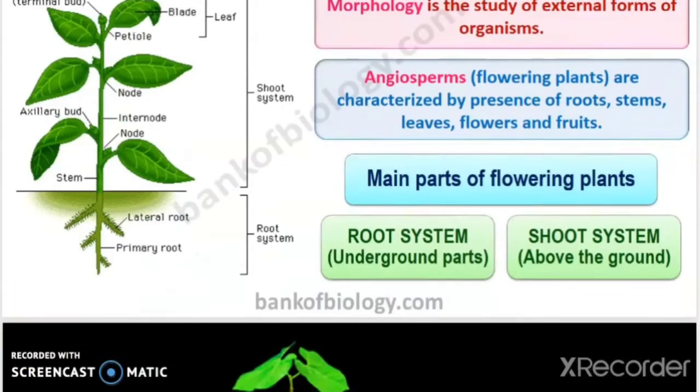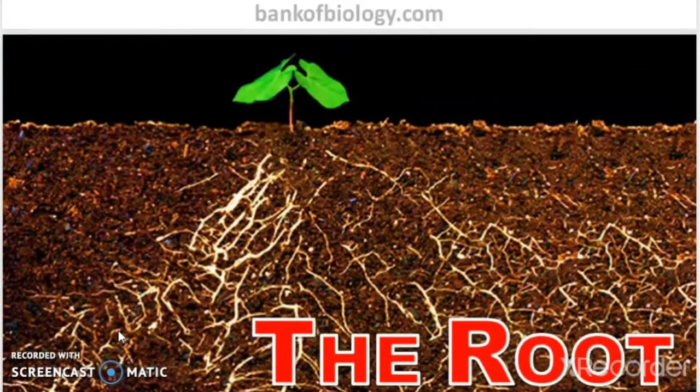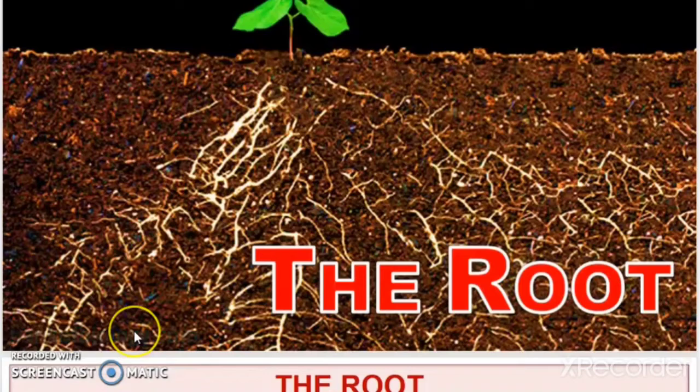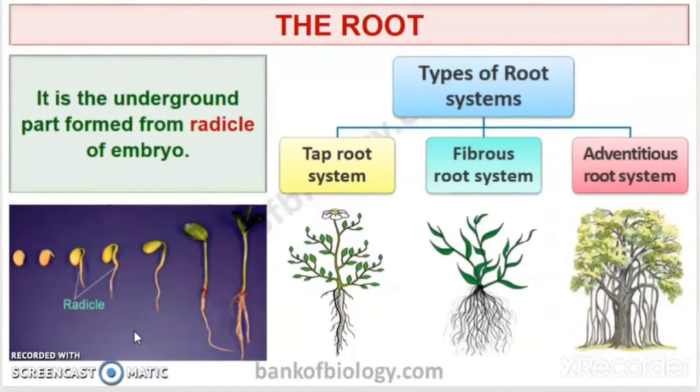If you take the first part, which is the root, it is very important for a plant's survival. The root is a part which is developed from the radicle of the embryo. Normally germinating seeds, that is germinating embryos, give rise to radicle and plumule.